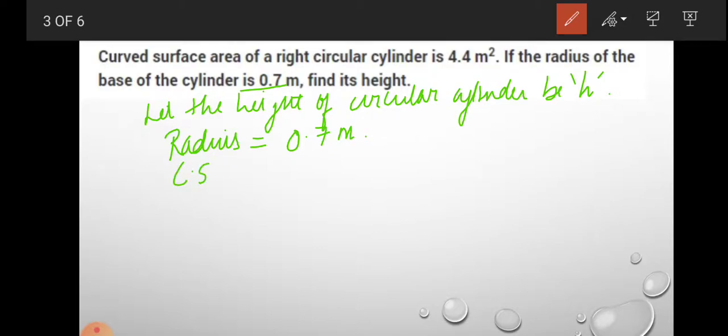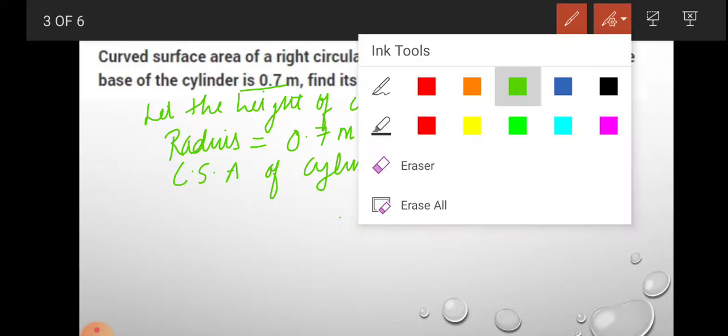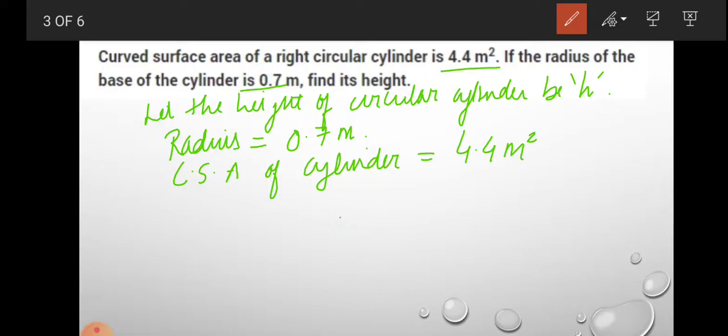Curved surface area of cylinder is 4.4 meter square, given. Now curved surface area of cylinder is, we know, 2 pi RH, which is equal to 4.4.